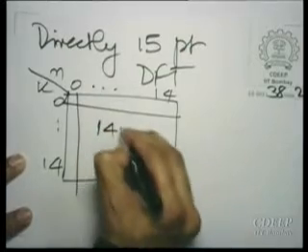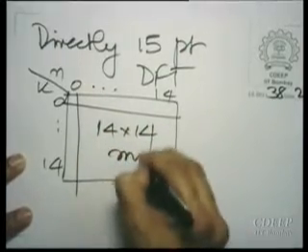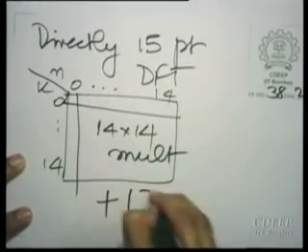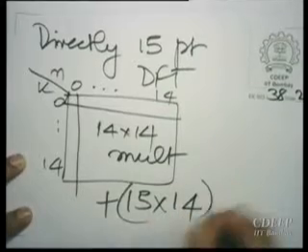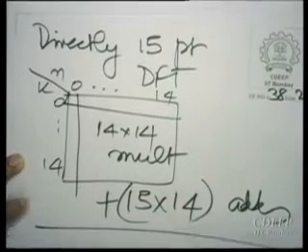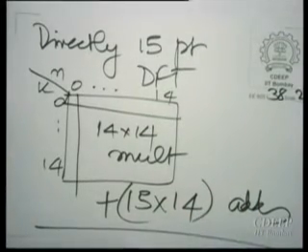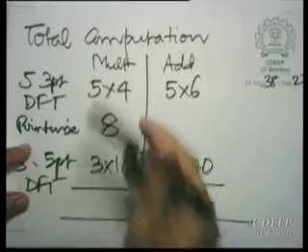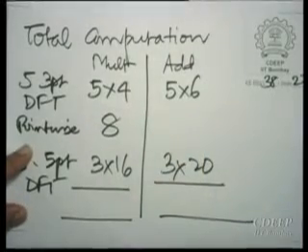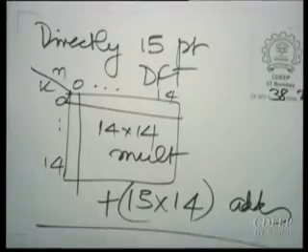So 14 times 14, this many multiplies, plus 15 multiplied by 14 adds. So I leave it to you to compare the direct 15-point discrete Fourier transform in terms of computation and the fast Fourier transform by the 3 steps of decomposition, whose computation is here. And you will definitely see an advantage. I leave it to you to complete these numbers.